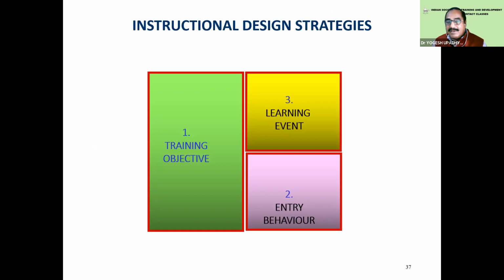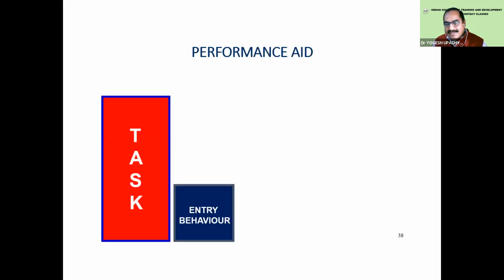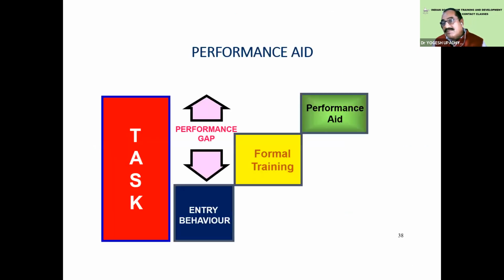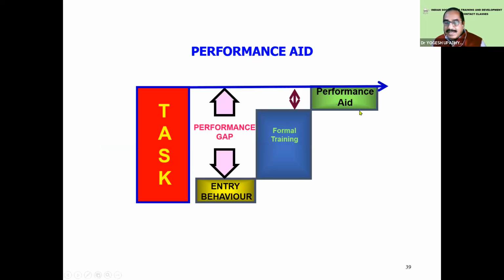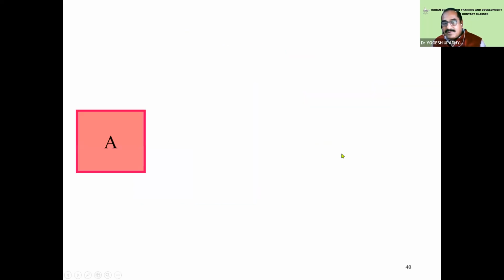Now, in any case, here it is 50-50, but you can also have a performance aid. Last time I discussed this, but I am recapping again. Performance aids can be developed, so training time is reduced, which helps when there is a time problem.